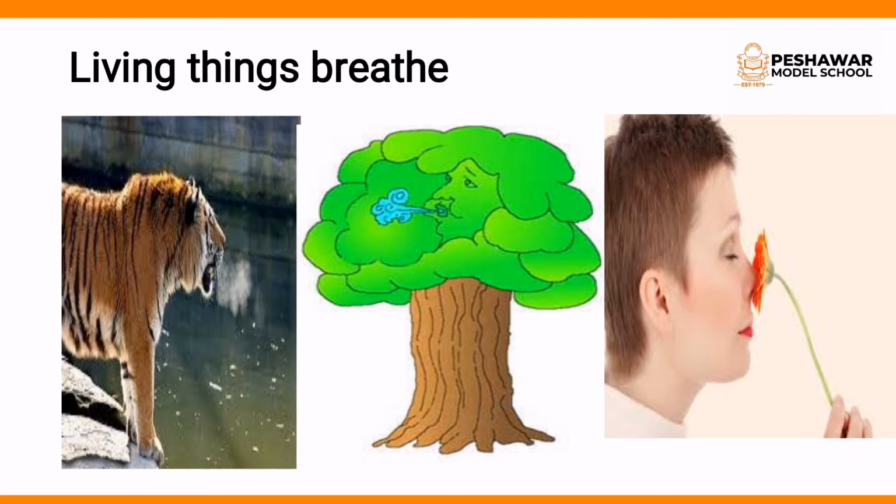The tree can breathe with the help of its leaves. There are small pores in the leaves, so they can breathe with the help of their leaves. And in the other picture you can see a woman. We also breathe with the help of our nose and our mouth. So animals, plants, and human beings are living because they can breathe.